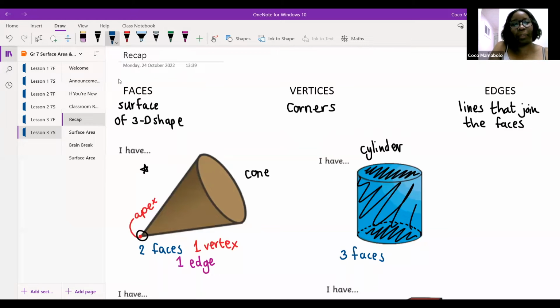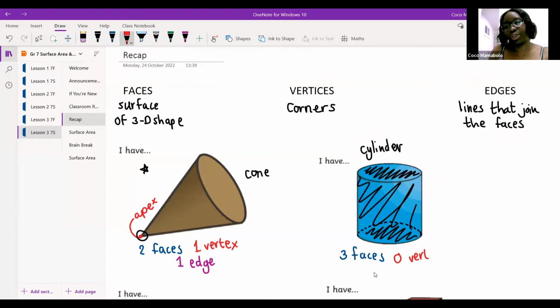I need another volunteer to tell me how many vertices I have. How many corners do I have? I'm seeing everyone in the chat tell me I've got zero corners.